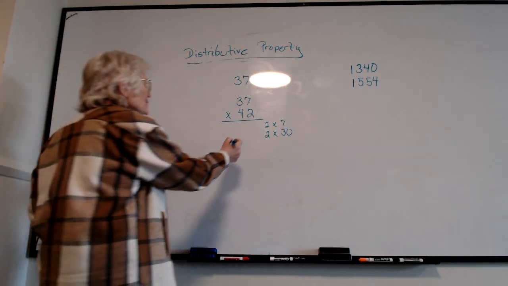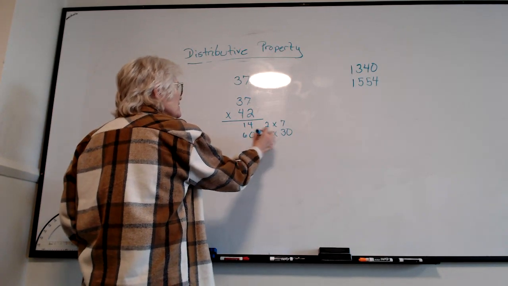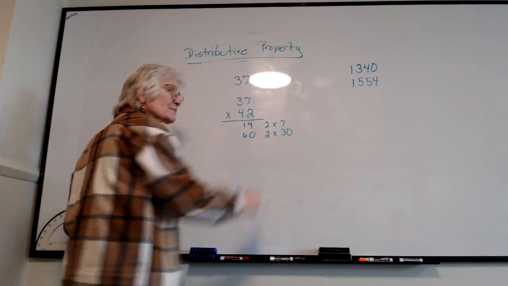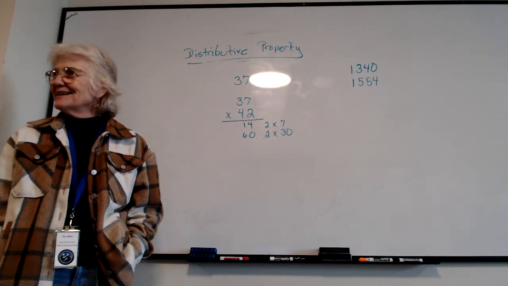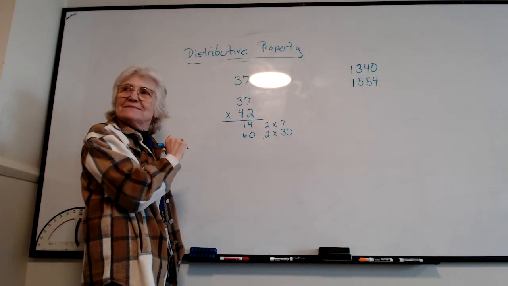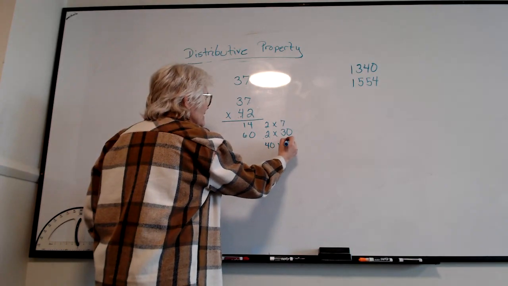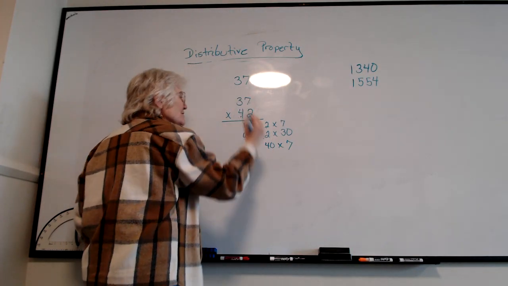So what I get is 14, 60. Notice all I have to do is single digit multiplication. Okay. This is really 40, right? It's 40 times 7 and it's 40 times 30.